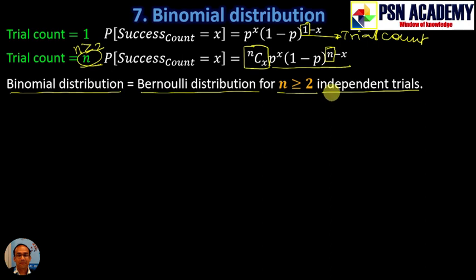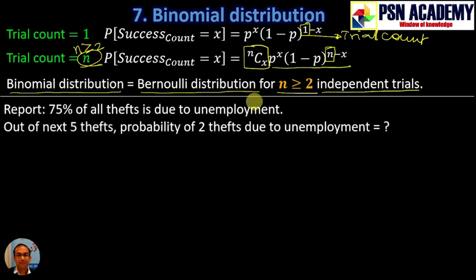That's all. Okay? Now, for example, in a city, there is a report that 75% of all thefts was due to unemployment. Okay? And 25% of all of those thefts are due to some other reason, right? Now, the question is, out of the next 5 thefts, these thefts have not occurred, okay?